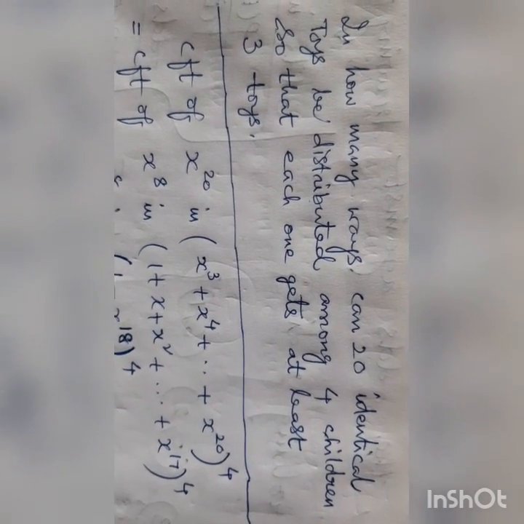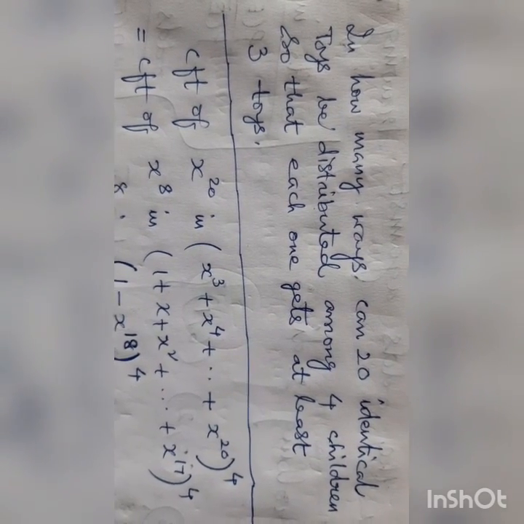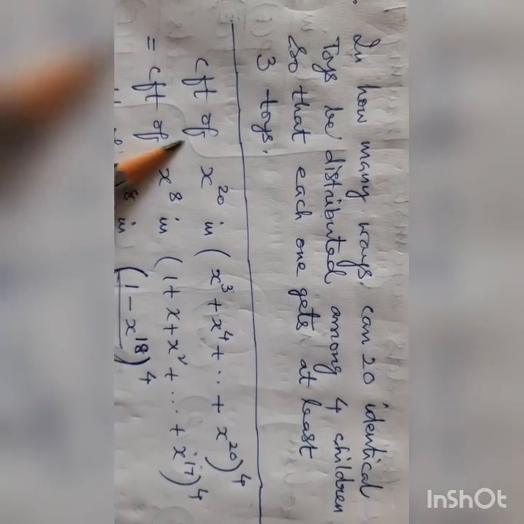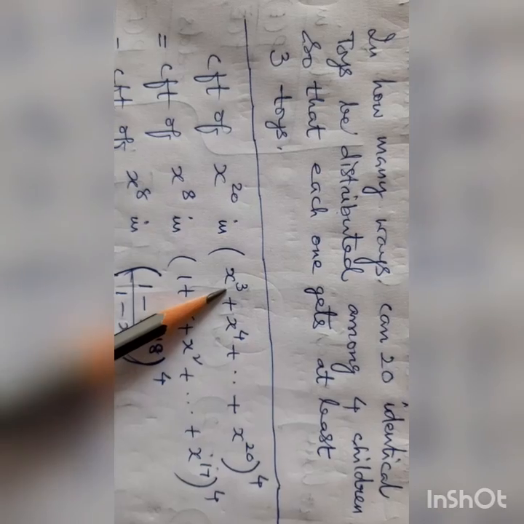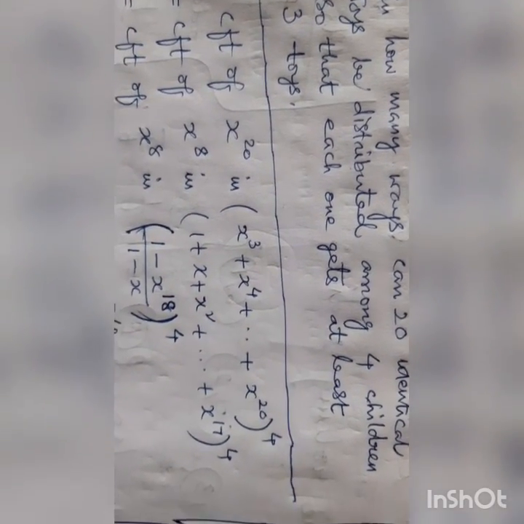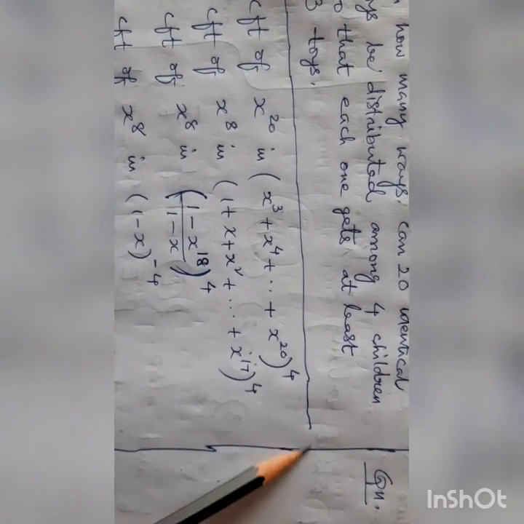Here a small logic, such that each one gets at least 3 toys. So coefficient of x power 20 in at least 3 toys means 3 toys, 4 toys, 5 toys, up to 20 toys. How many children? 4 children.